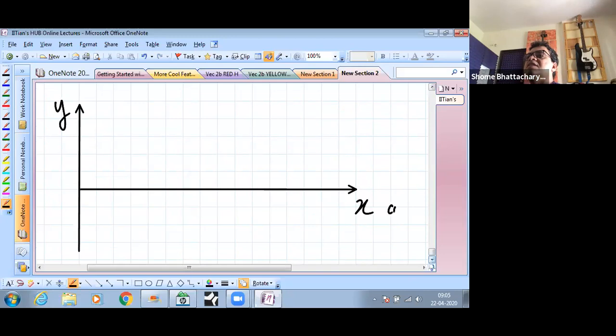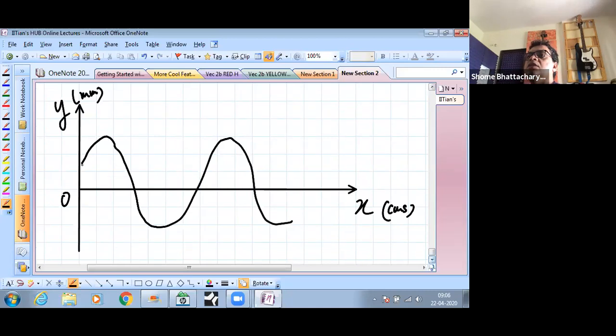Okay, so x is in centimeters, y is in millimeters. Let's start with this one, the t equal to 0. It would be something like this, where you can see that this point was plus 1 millimeter because the amplitude was 2 millimeters.